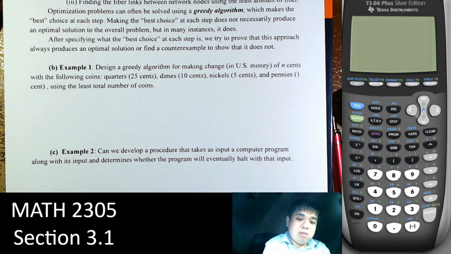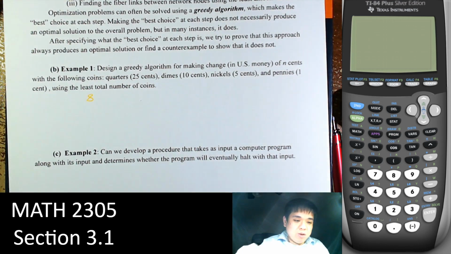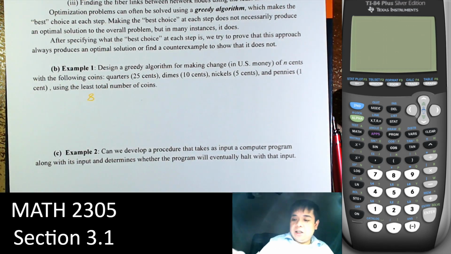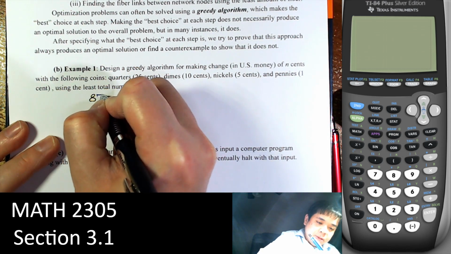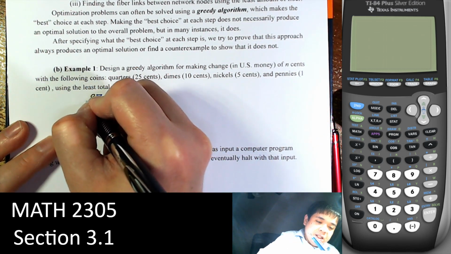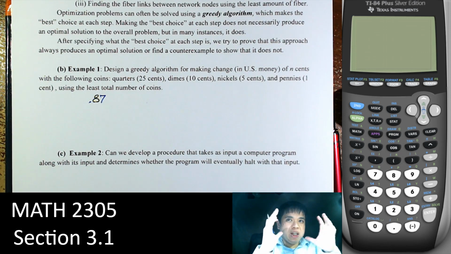Right, here's some example. Let's say we write the program to produce change using the least amount of coins. For example, if the change is 87 cents. Right, so we say first to produce the least amount of coins, we have to use the biggest coin possible.